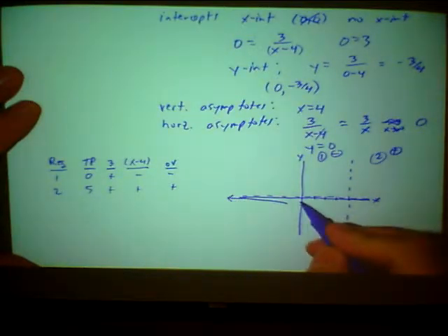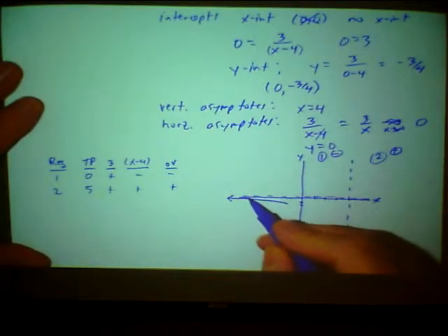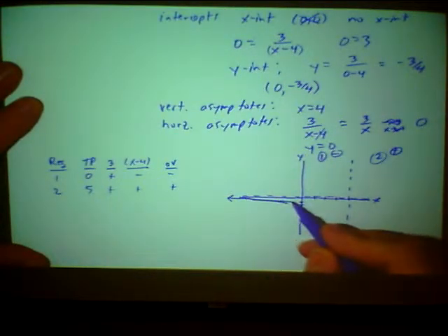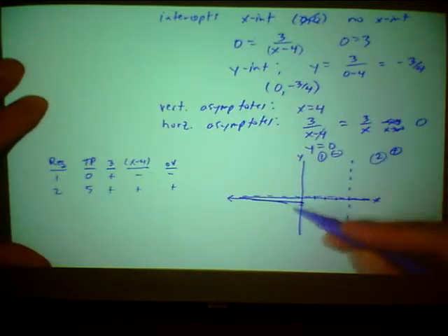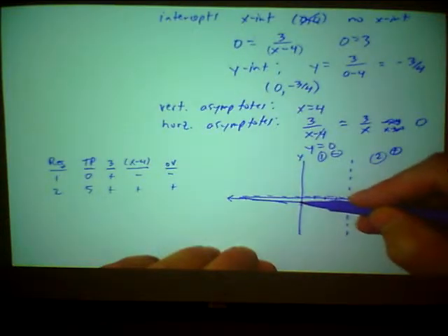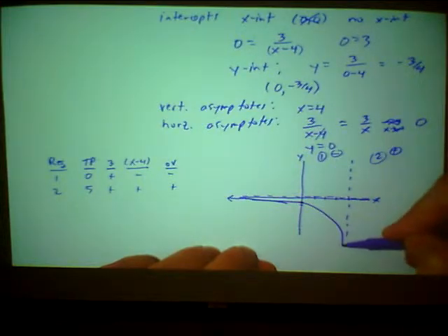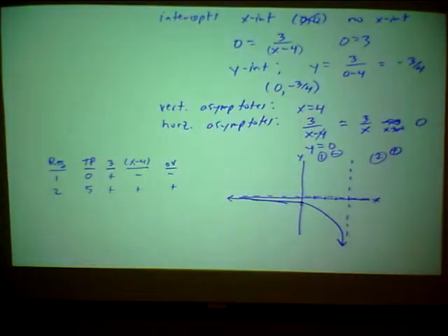And actually I should be careful because I know my line has to go through this point here. So I should make it more like this. And now, as I move across the y-axis, I have this other asymptote, this vertical asymptote. So hopefully it makes sense that it must start to turn and then go like this.